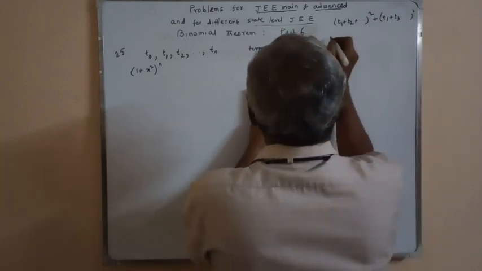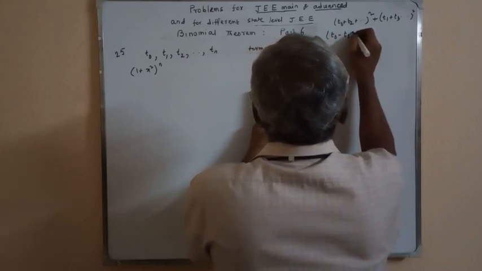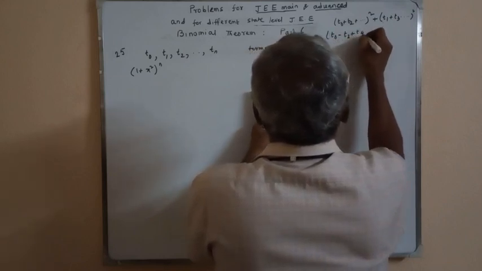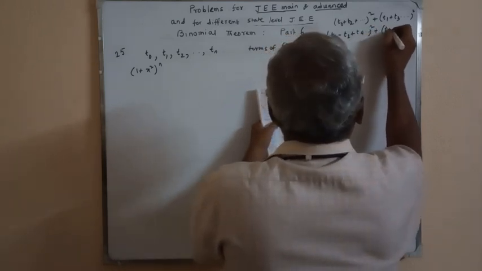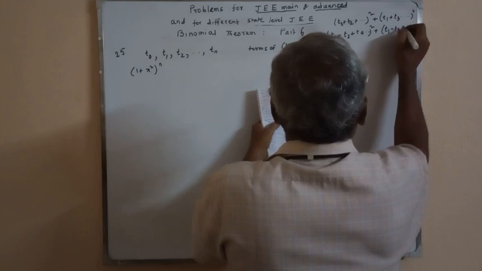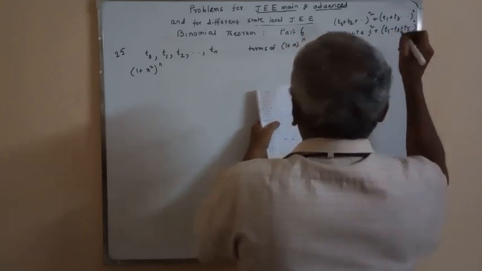Number 2, (T0 minus T2 plus T4) whole square plus (T1 minus T3 plus T5) whole square.